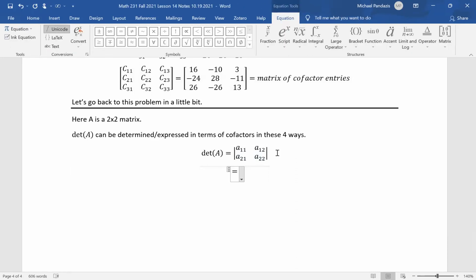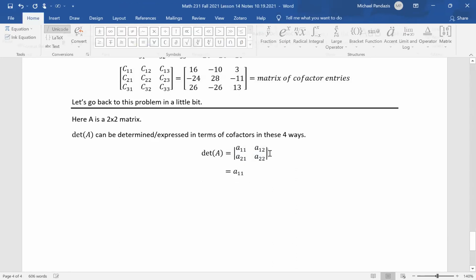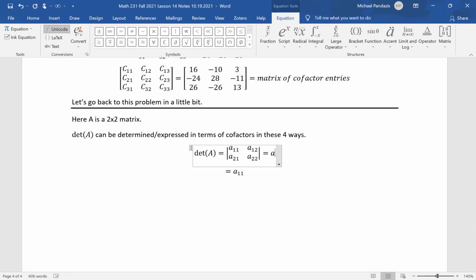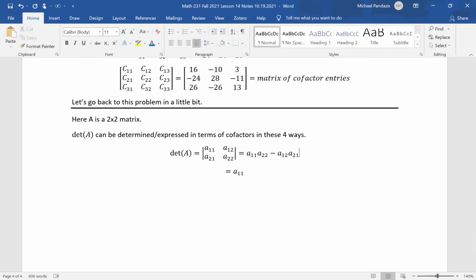So you can write this determinant as A11 times A22 minus A12 times A21, right? That's from the way we multiply, AD minus BC. Well, this is equal to A11 C11 plus A12 C12.